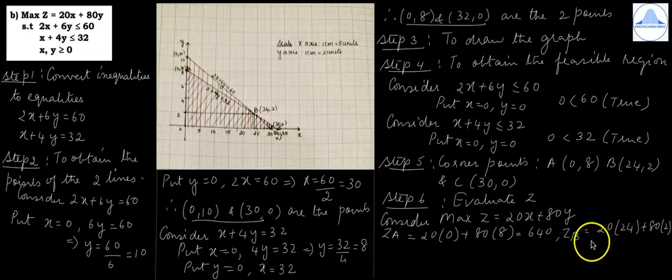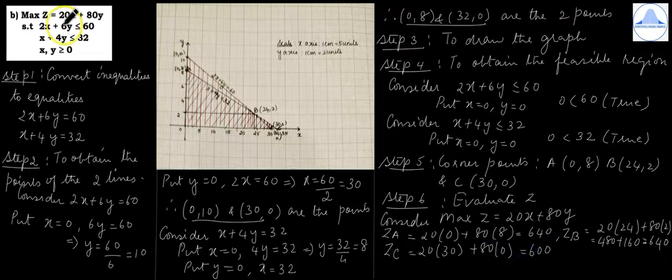So you will get 480 plus 160 is equal to 640. Then find out ZC. ZC is 20 into 30 plus 80 into 0. This will be 600. Now this is a maximization problem, so you should find out the largest Z value. So there are two Z values which are the highest, and it is the same, that is 640.